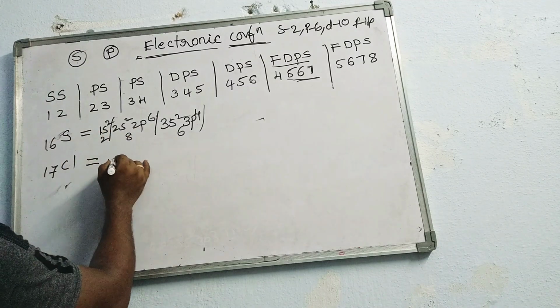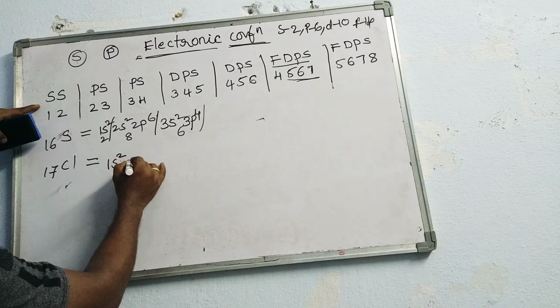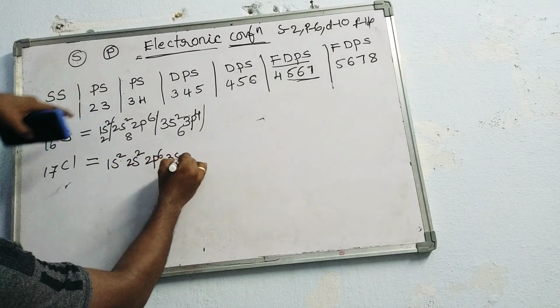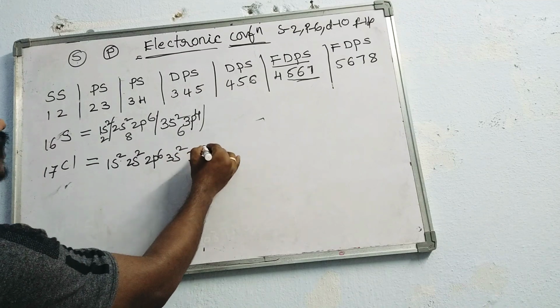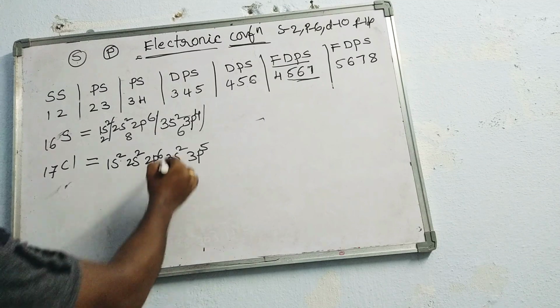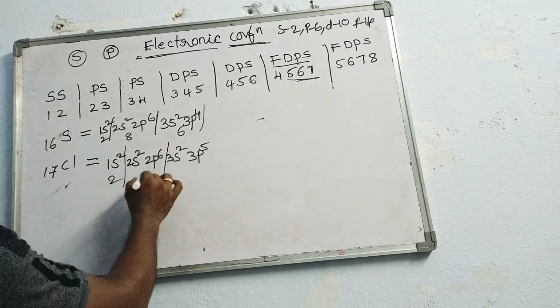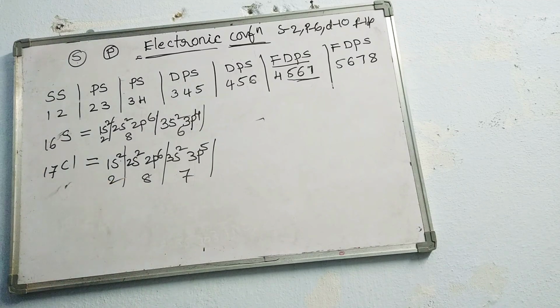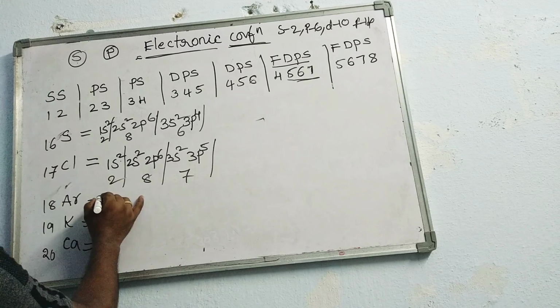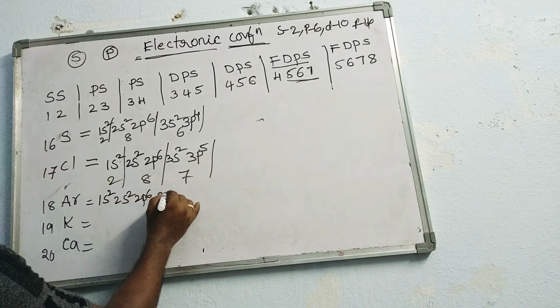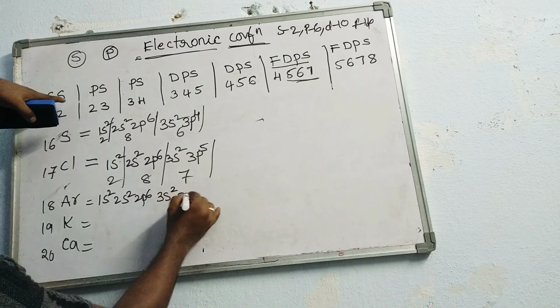Now chlorine. See here, write 1s2, next 2s2, next 2p6, next 3s2, 3p5. So total 2, 8, here 7, so total 17 electrons are present. Next you can see argon: 1s2, 2s2, 2p6, 3s2, 3p6.